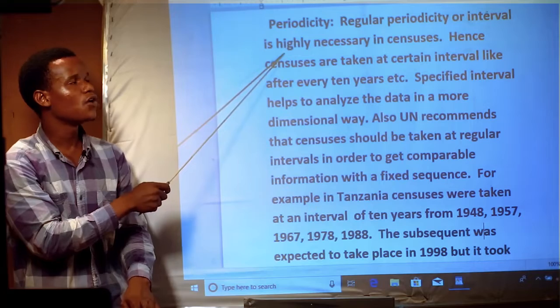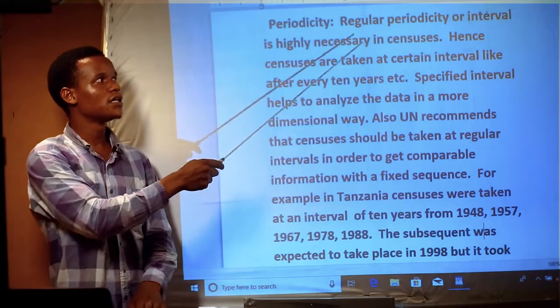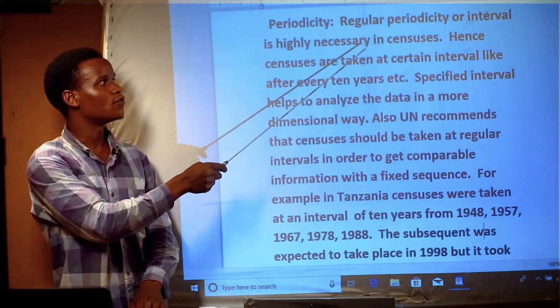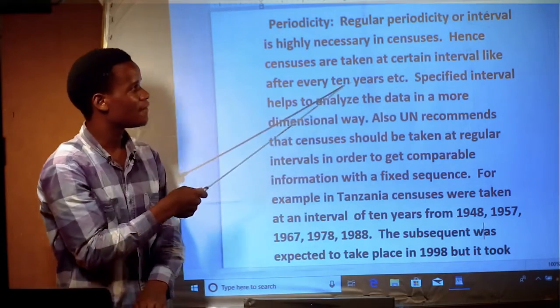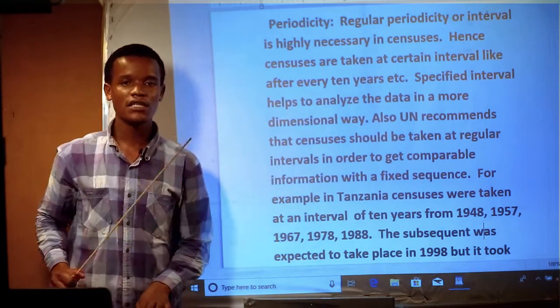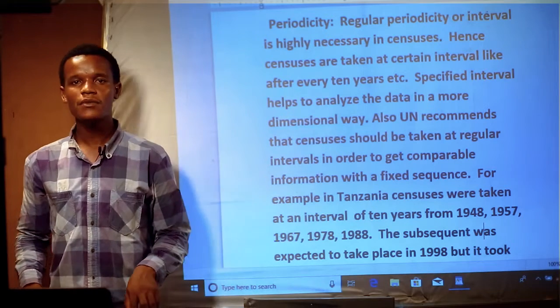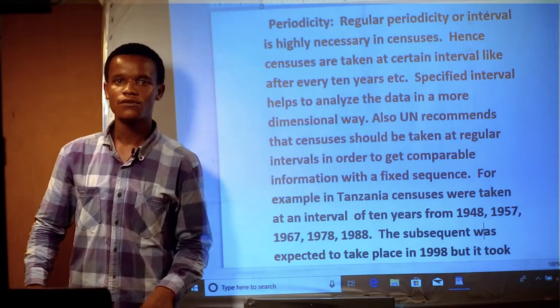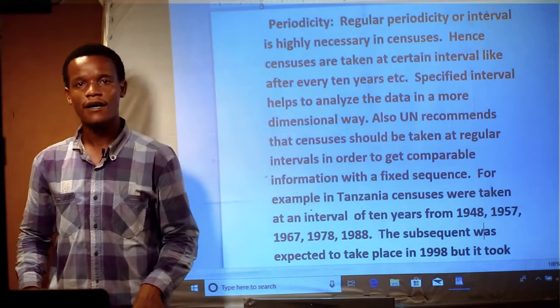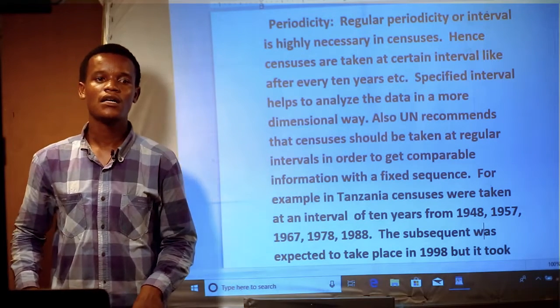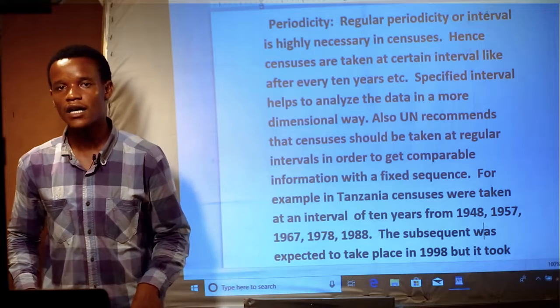In periodicity we also look at the time interval. Hence, censuses are taken at a certain interval, like after every 10 years. There are countries that conduct the census after 5 years, while others conduct it after 10 years. In Tanzania, we conduct the census after 10 years.